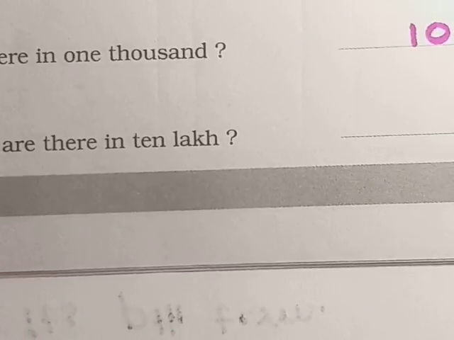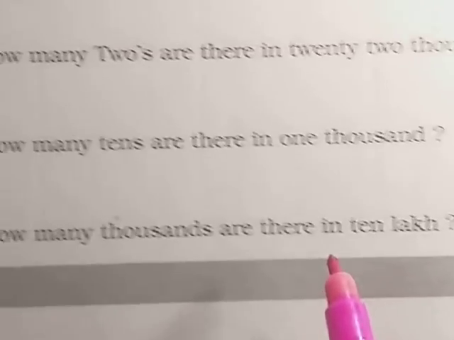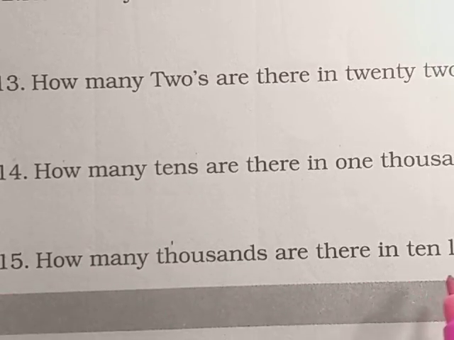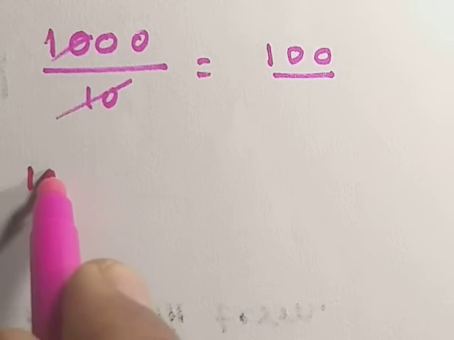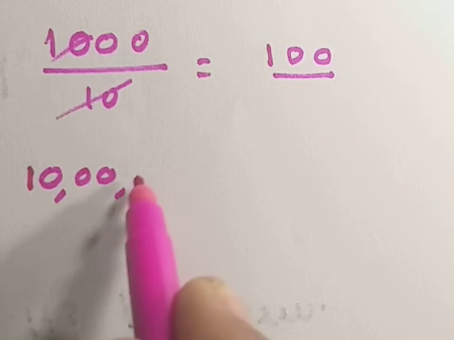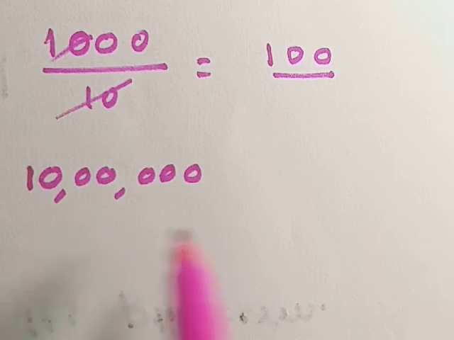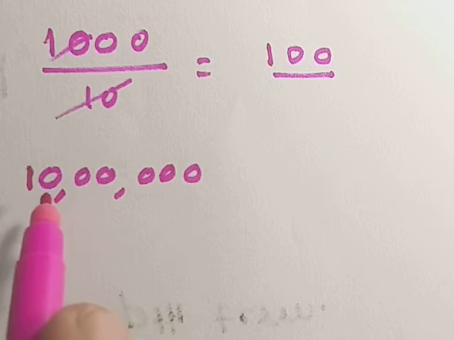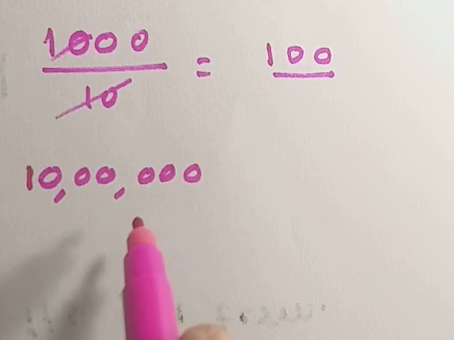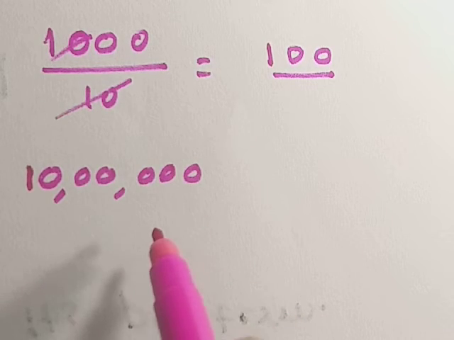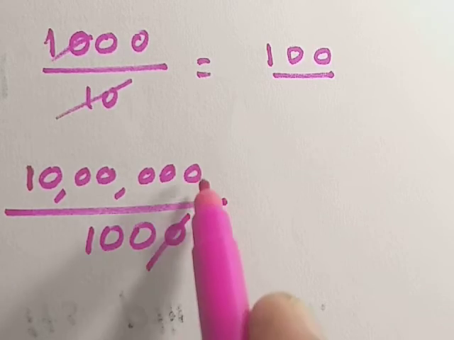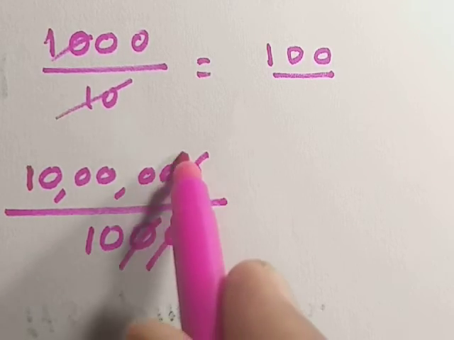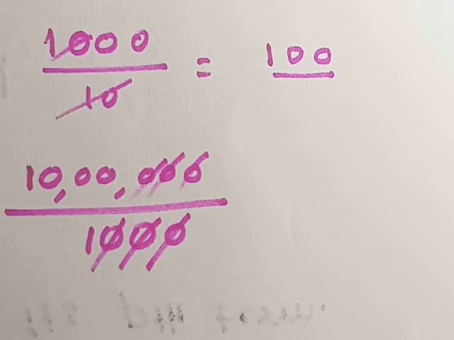Similarly, how many thousands are there in 10 lakh? We'll have to write first 10 lakh. 1 lakh means 5 zeros. 10 lakh means after 10 there will be 5 zeros. So we want how many thousands are there. Therefore, divide by 1000 here. 1 zero cancelled, another 0 cancelled, and one more 0 cancelled, right?